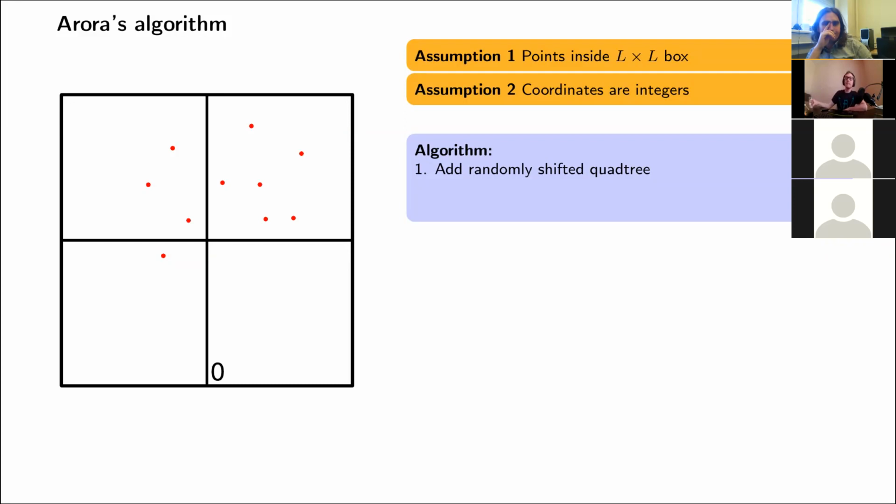A quadtree is basically this dissection of the space such that inside one cell of a quadtree there is at most one point. So for example, when we are here, we are basically done. We don't dissect the space anymore, and when we are here, we also have one point, so we are also done. But here and here, we are not done, so we continue to dissect this space. Now we are at level 0, and we continue to dissect to get level 1 cells.